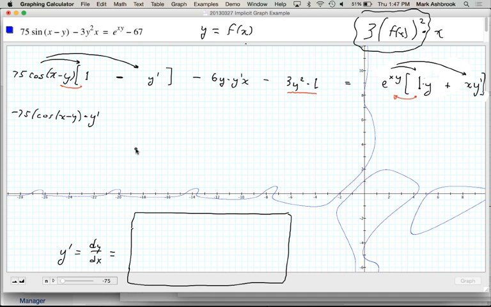This minus 6y y prime x is going to stay on the left. What else is going to be on the left? E to the xy times xy prime, but that'll be minus because I'm going to move it over here.